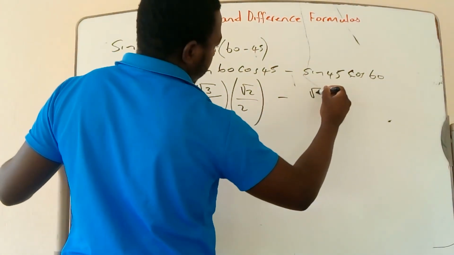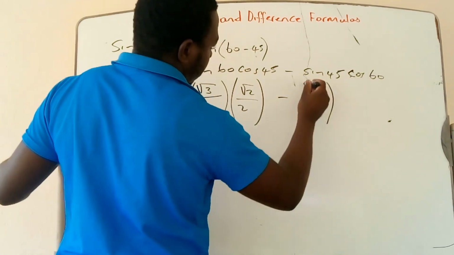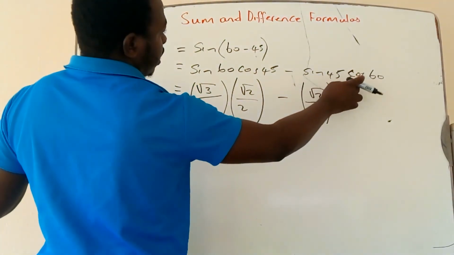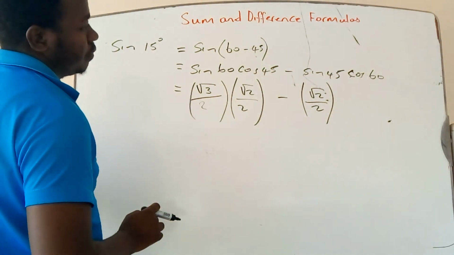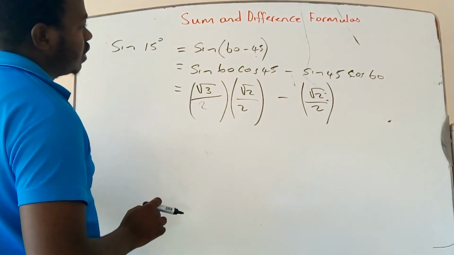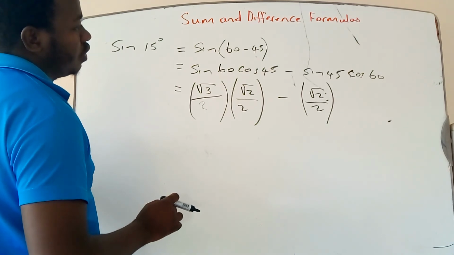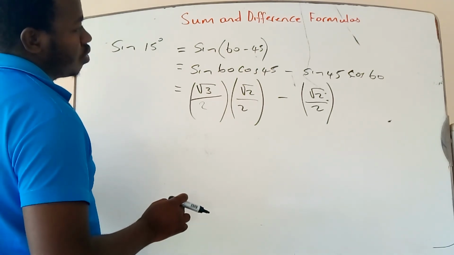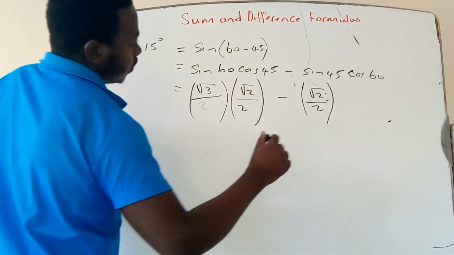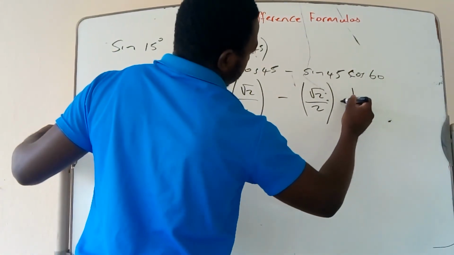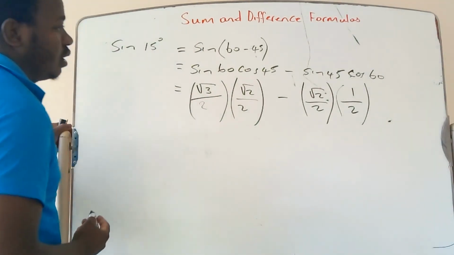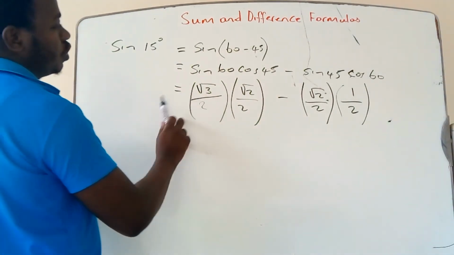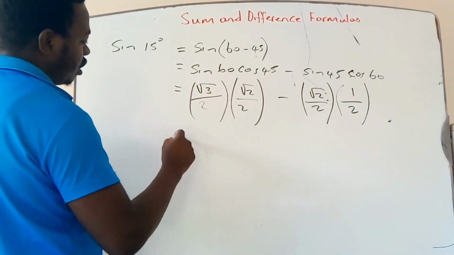That's just root 2 over 2. Alright? And what is cos 60? Cos 60 is just 1 over 2. That's just a half. Alright? So now all you need to do is multiply this and simplify, and you're done.